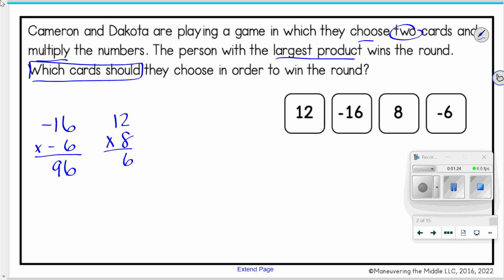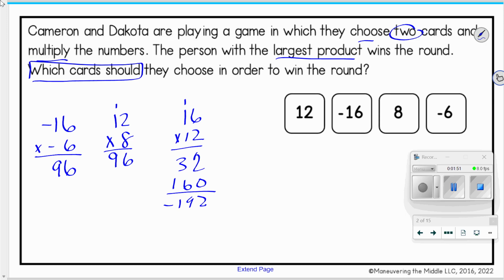Because a negative times a negative is positive, and I circled the negative 6 times 16. Oh, 16 and 12? Okay, if I did 16 and 12. What if you flip it though?